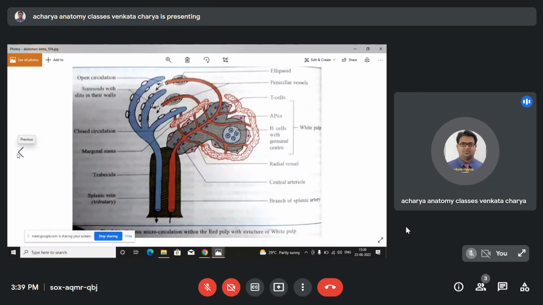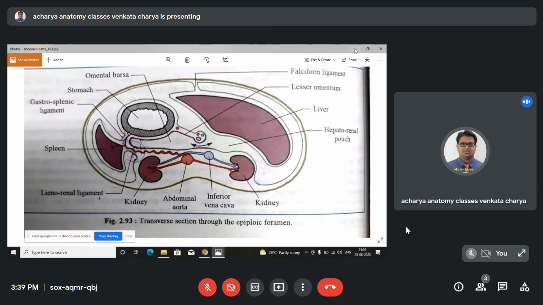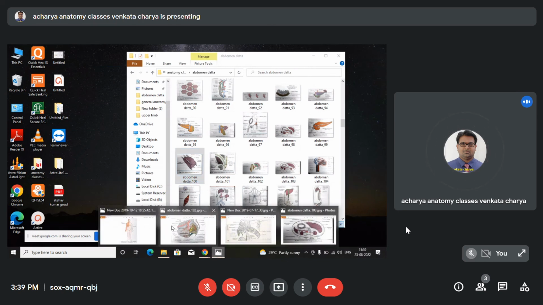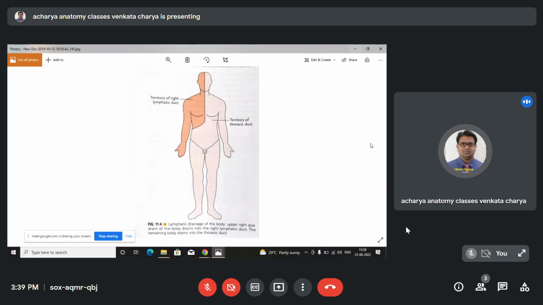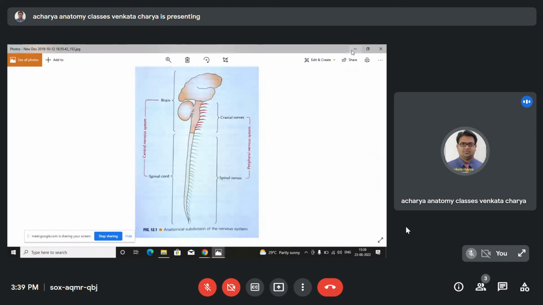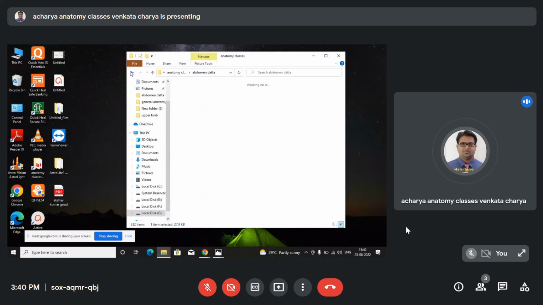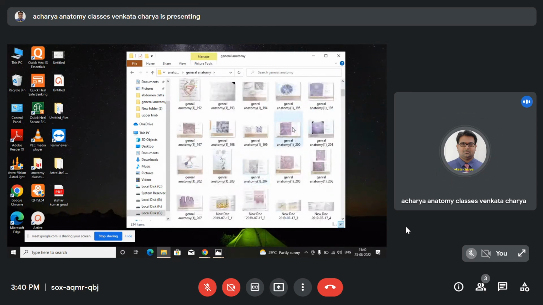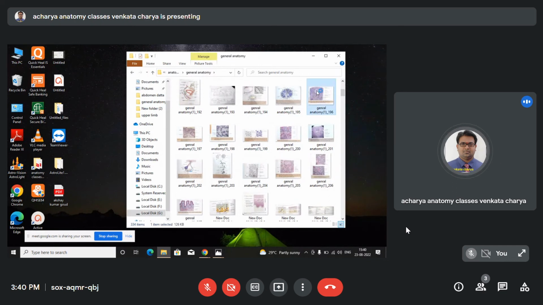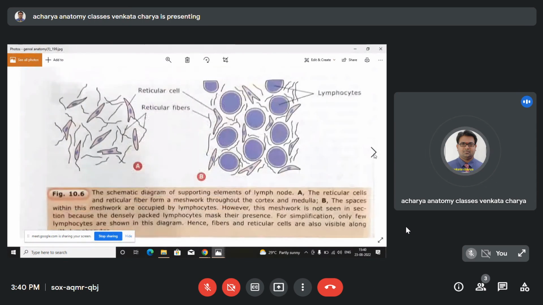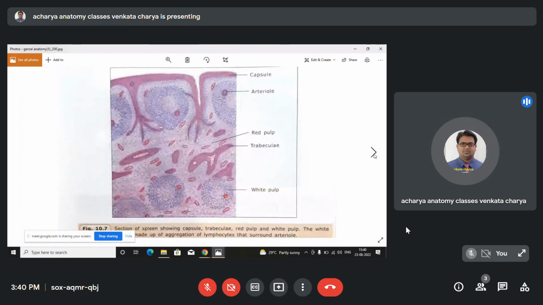Next, histology diagram of the spleen. See here, this is the histology diagram of the spleen.